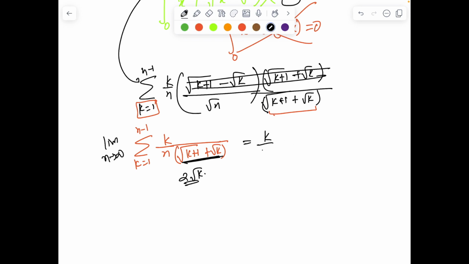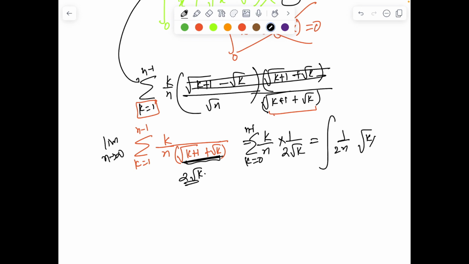Now someone can do this question in a completely wrong way, where they'll give the argument that k is infinity, so it's very large, so let's replace this with 2 root k. Fine, and this summation k is going from 0 to n minus 1, and limit n tends to infinity.